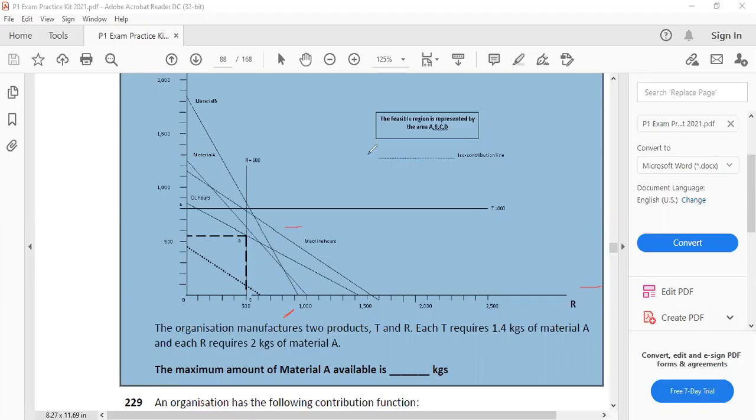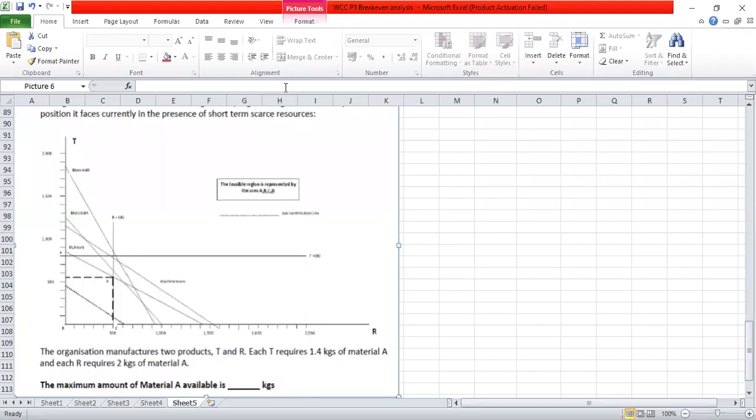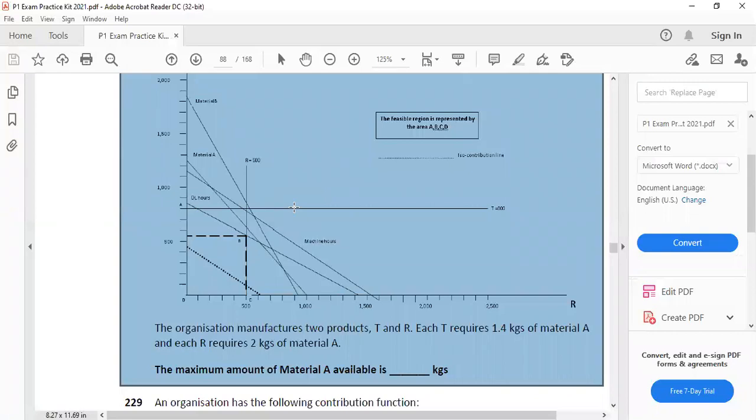These are the output. If they take up, they are considering the production of the output as R would be 500 units and T would be 800 units. That is what they are taking it up. Okay. So in that situation, they have planned it such a way.